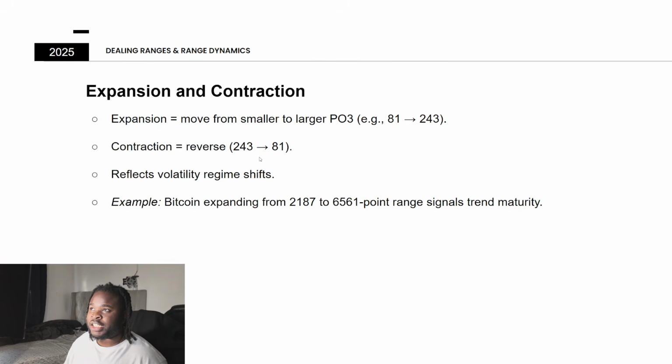So if you see price in a smaller 81 range, it might be safer to wait until you get a volatility injection that moves you to a higher PO3, which is a great condition for expansion, right? A great condition for getting those trades that really move very quickly to your take profits and to your draws on liquidity. So this is a volatility regime. You can measure this by seeing what price is doing currently in your price action.